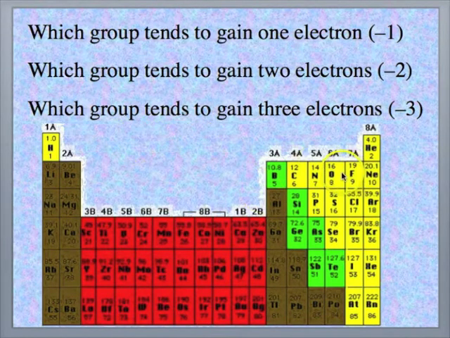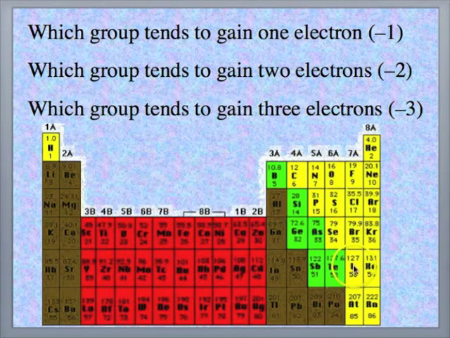It's the nonmetals that tend to gain electrons rather than lose them. So the elements on the right side of the periodic table, with the exception of the noble gases, which don't interact very much, tend to gain 1 electron, 2, or 3. Group 7A, the halogens, fluorine, chlorine, bromine, and iodine, all tend to gain 1 electron to become a -1 anion.